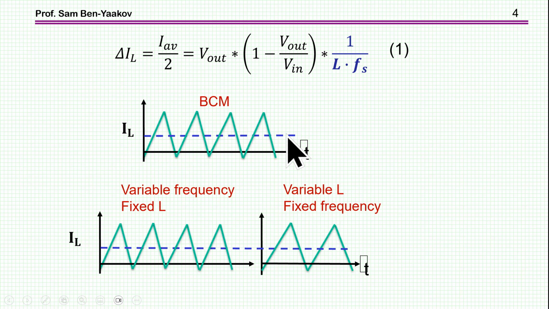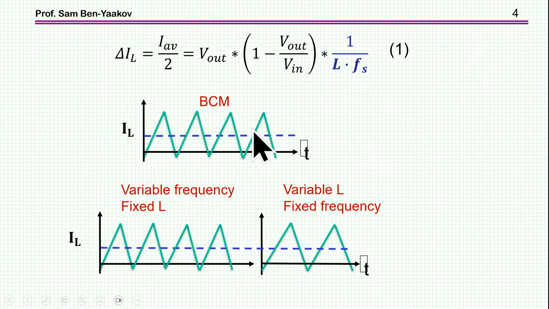So if we are changing, say, the input voltage, then we'll be moving from BCM. Now the relationship between the input, output, and the ripple is given here. And what is important to notice is that the ripple is a function of 1/(L times F), that is the inductance times frequency.